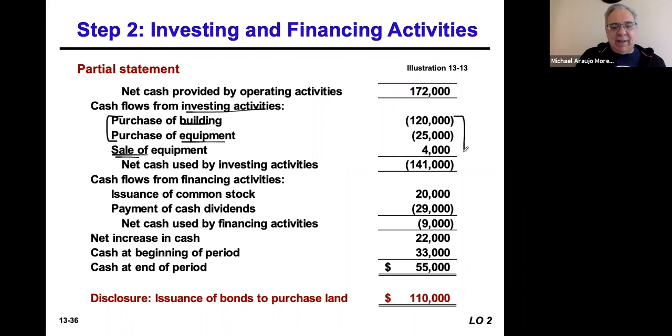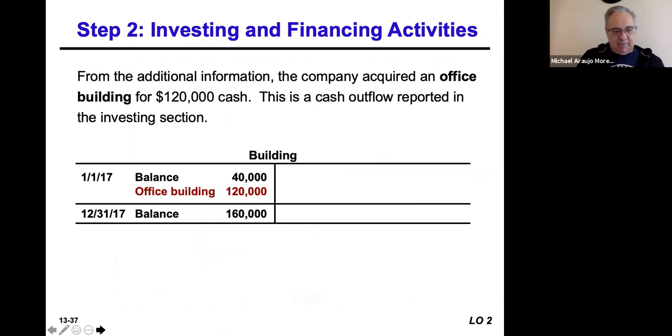When you add the differences between cash going out and cash going in, you'll see there's more cash going out. That's why they use the word used. Remember, if cash is coming in, cash is provided. Here, when cash is going out, cash is used. Okay.